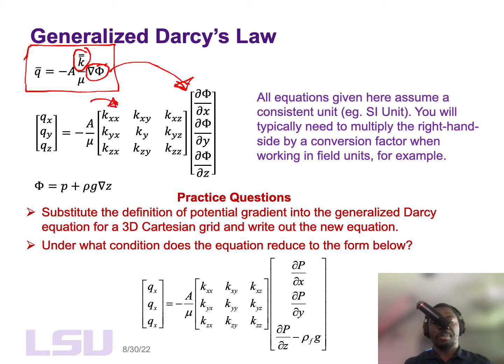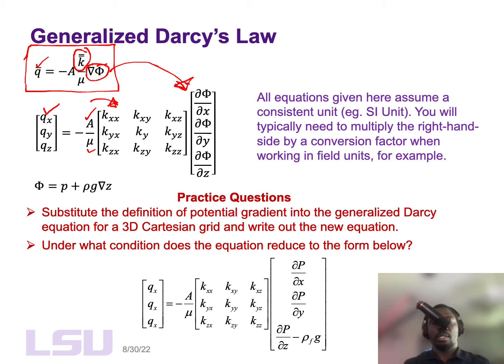It's the gradient with respect to the x, y, and z directions, respectively. And so you will get a vector for your flow rate in the x, y, and z directions, respectively. So only area and viscosity are scalar values.